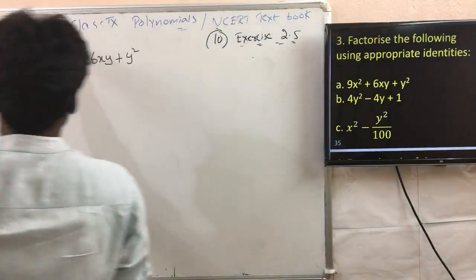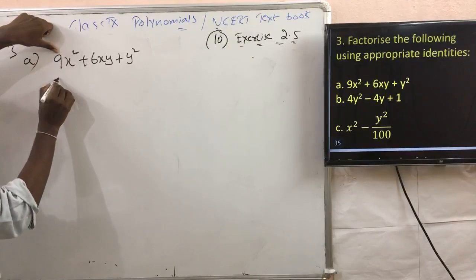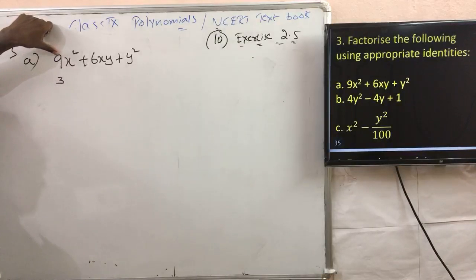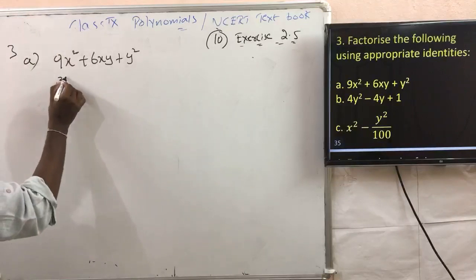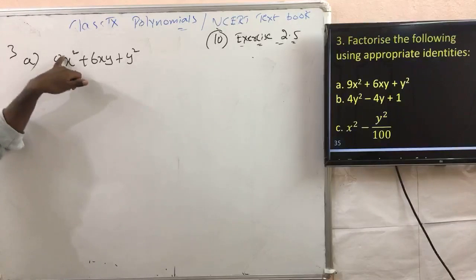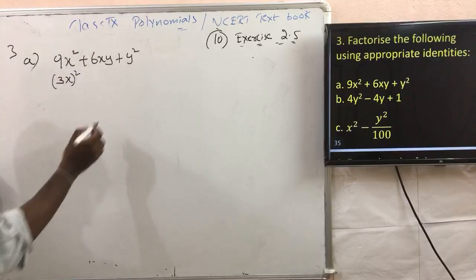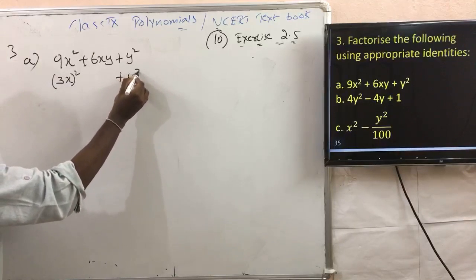But before that, write them as perfect squares. See, 9, I can write this as 3 square, so I can write this as 3x whole square. 3 square is 9, x square. So 3x whole square means 9x square, plus y square.